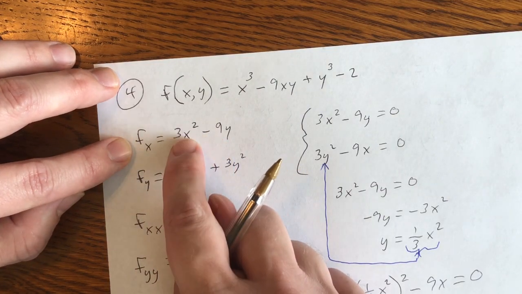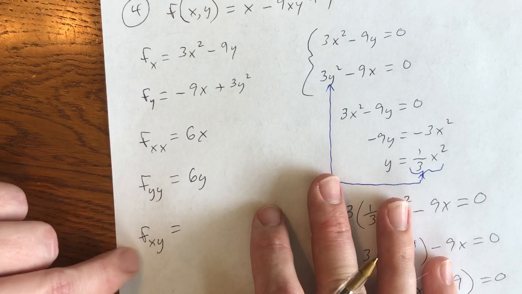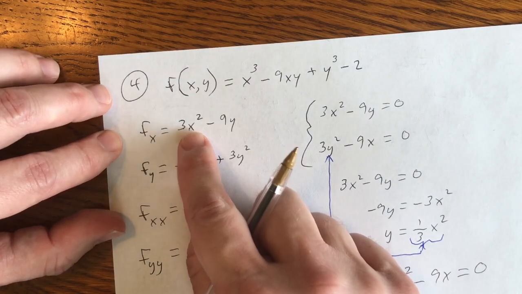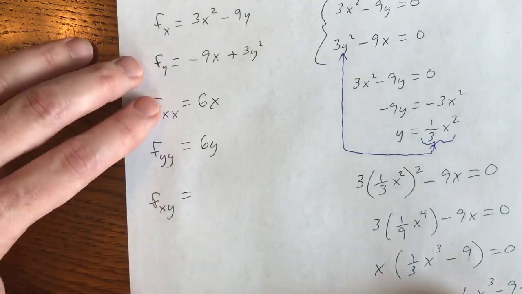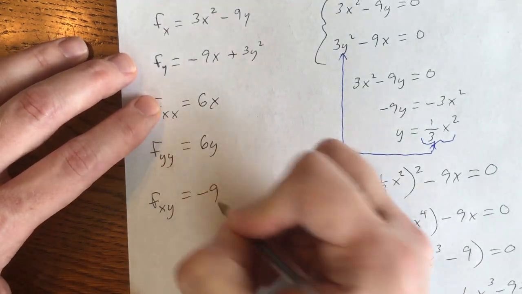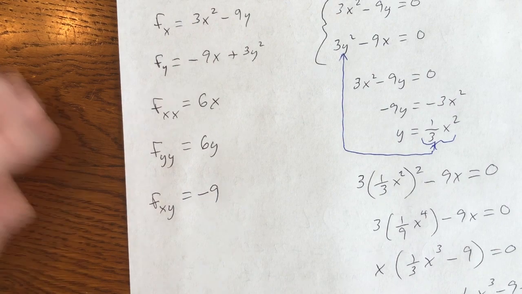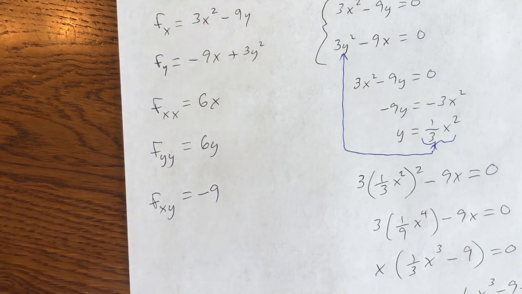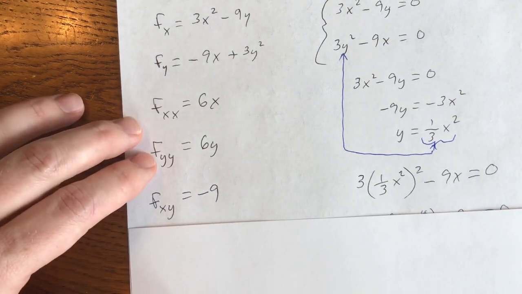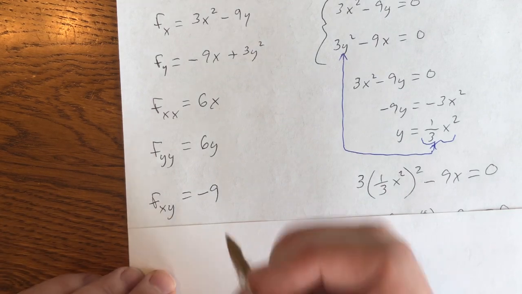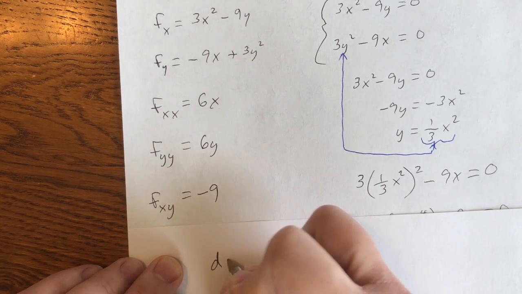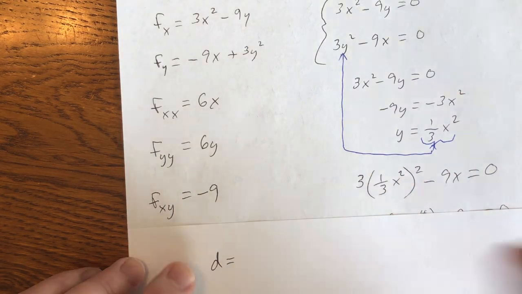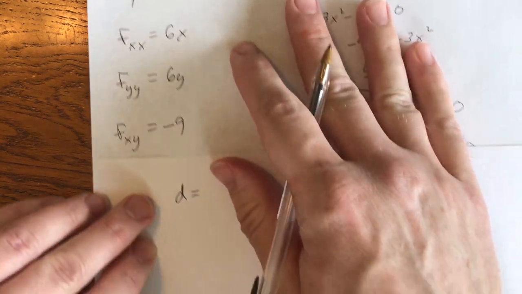What's the derivative of the first term with respect to y? The derivative here is 0. What's the derivative of this term with respect to y? Good, it's -9. All right, so now we have all the pieces of our puzzle here. Let's go ahead and put that puzzle together. All right, so let's first look at our discriminant value at 0, 0. So let me write out the notation.